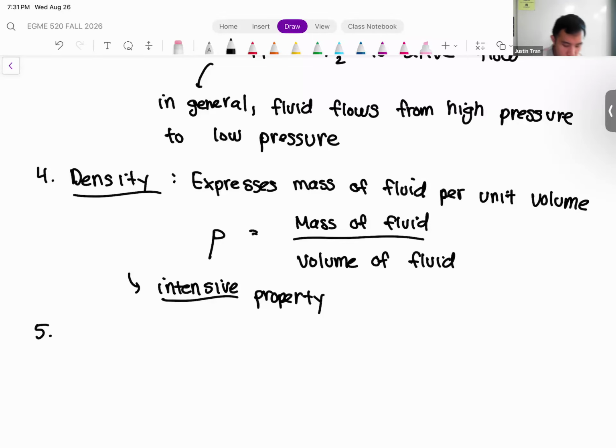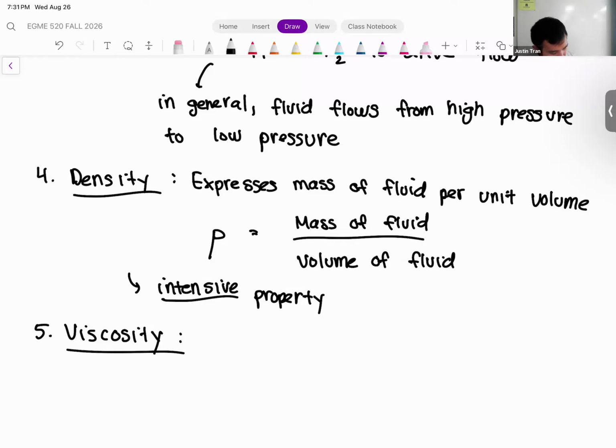So density is pretty straightforward. The last one that we'll go over, which segues into the last part of these lecture notes, is viscosity, which in a lot of ways is the star of the show, because the point of this class is viscous flow.